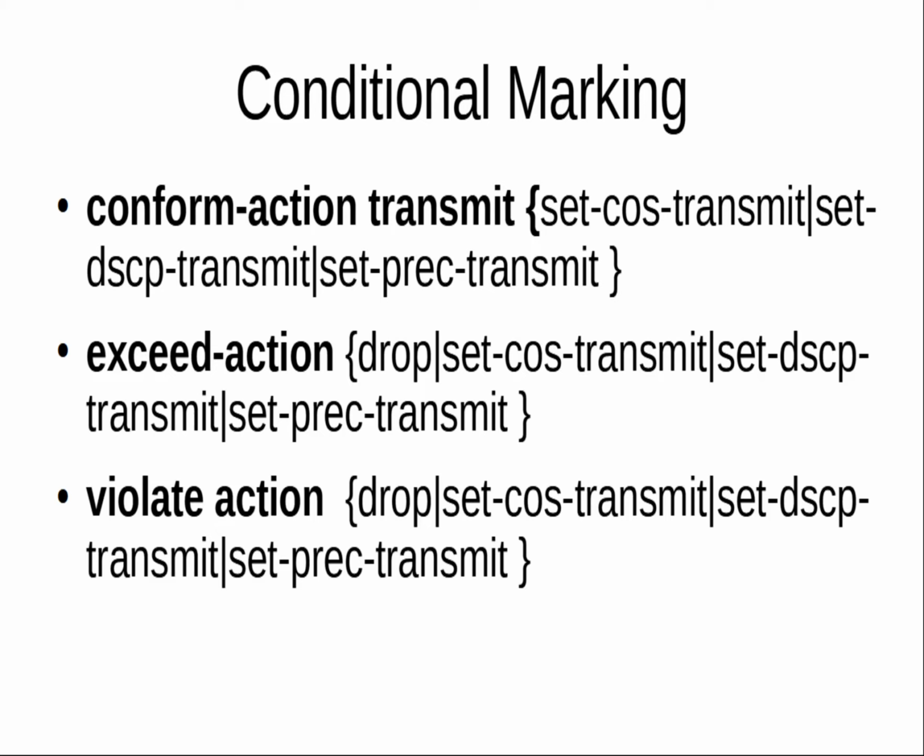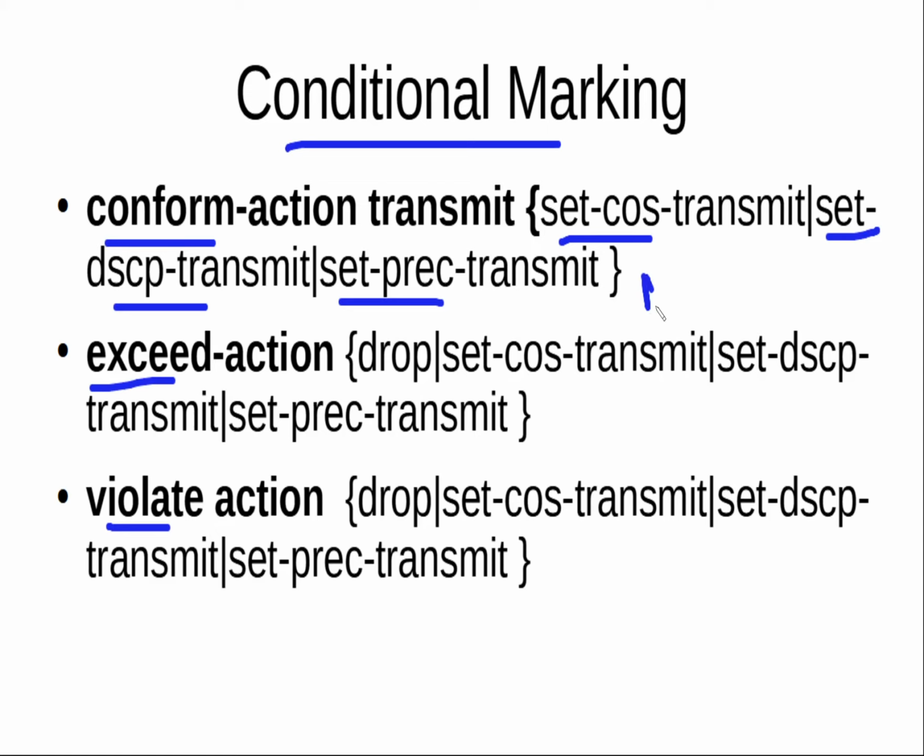Now, when using conditional marking, I can use the conform action, exceed action, or violate action. For conforming traffic, I can set COS for layer 2 markings, and I can also set DSCP or set IP precedence. I can also use MPLS EXP.